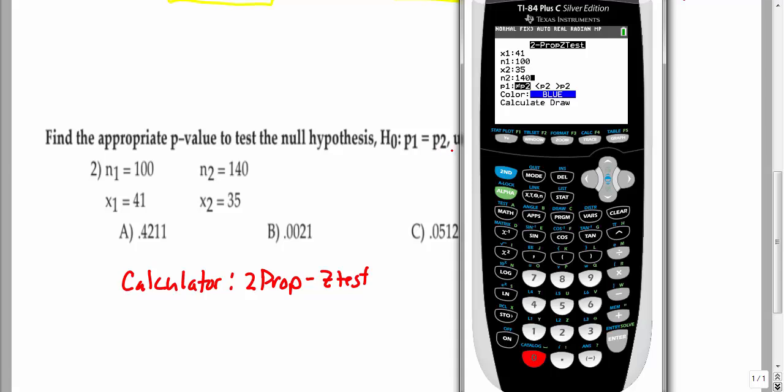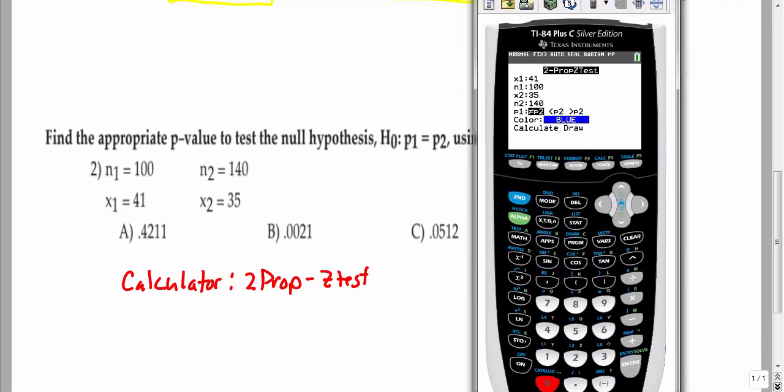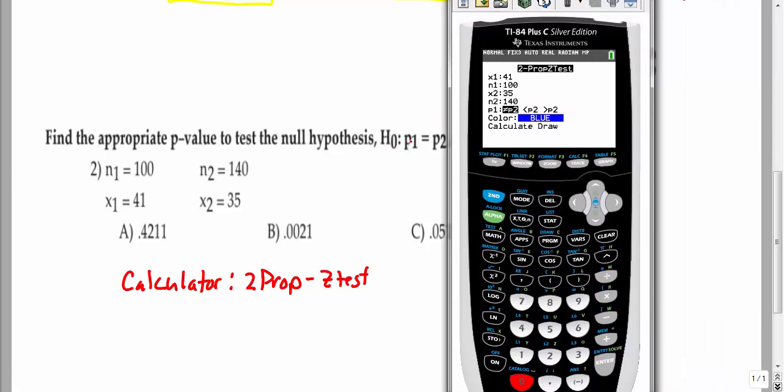Now this is a two-tailed test because H0 is p1 equal to p2, and what we want to do here is check to see what the alternative hypothesis would be, and the alternative in this case is a two-tailed test. It's not explicitly stated, but we can assume that it's a two-tailed test because we're testing for equality.